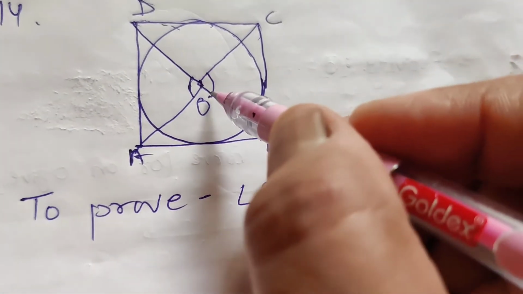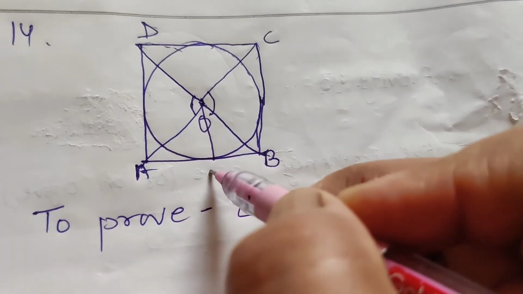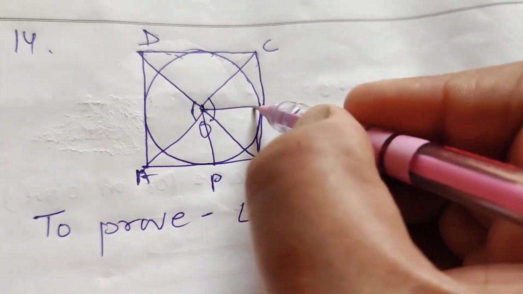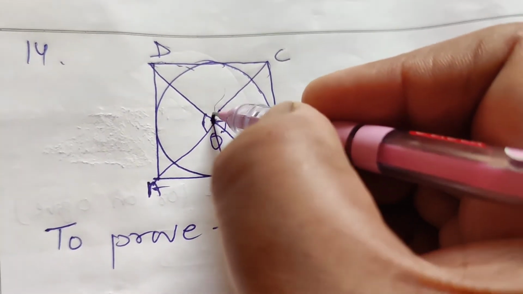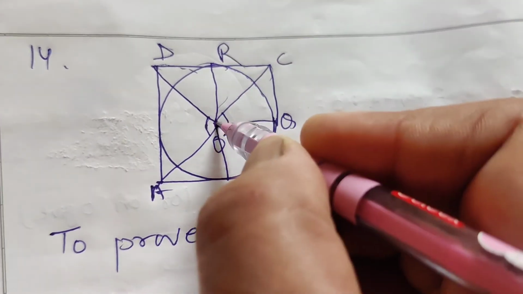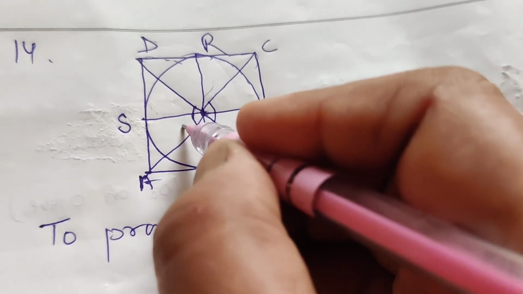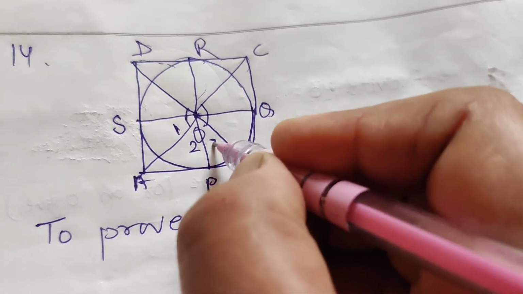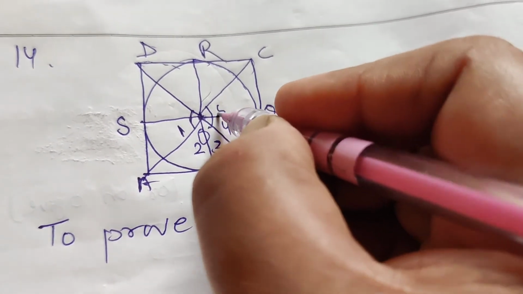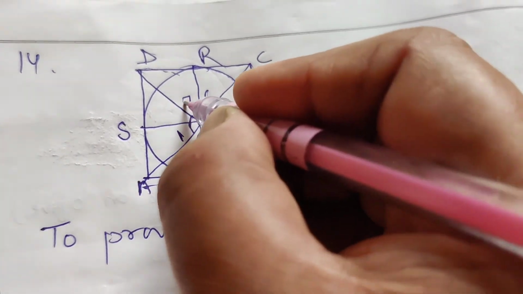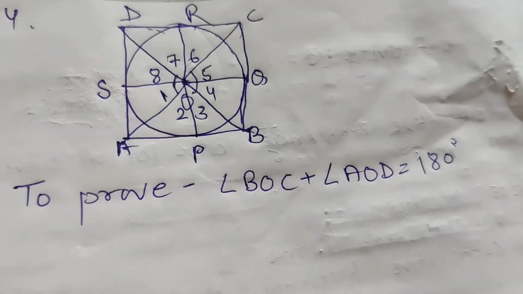Now, these are the points of contact. Join P, Q, R and S. Now these angles are 1, 2, 3, 4, 5, 6, 7, 8. These are the 8 angles.